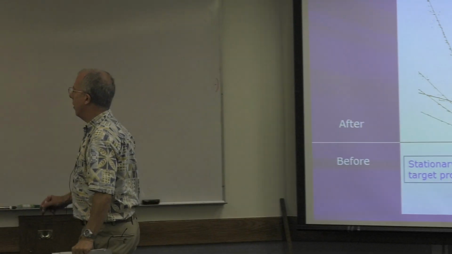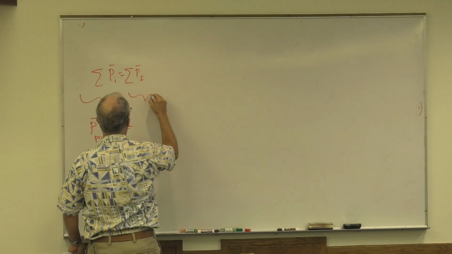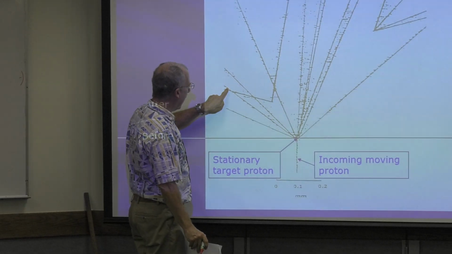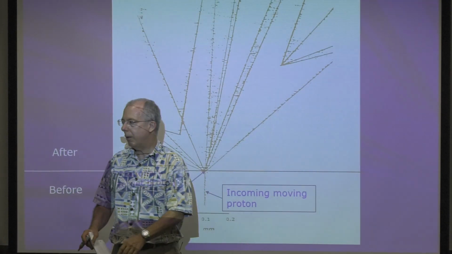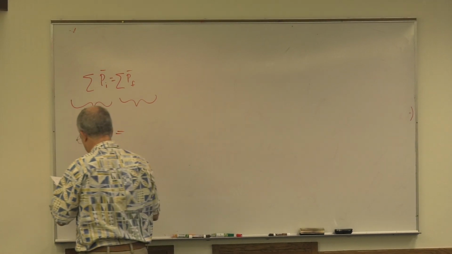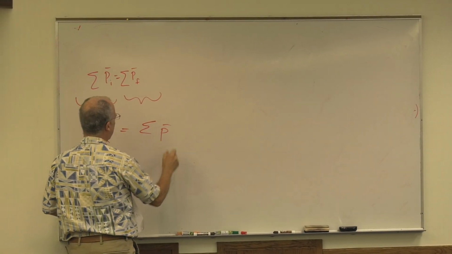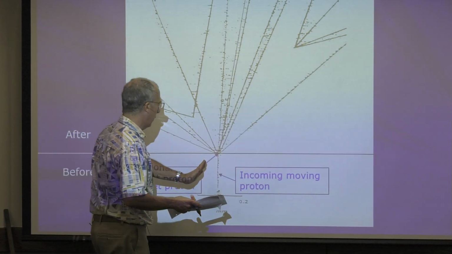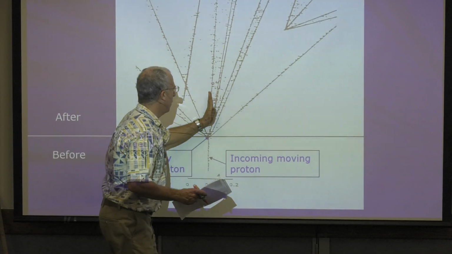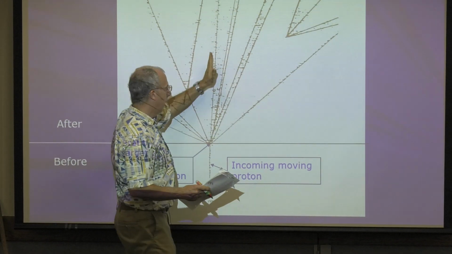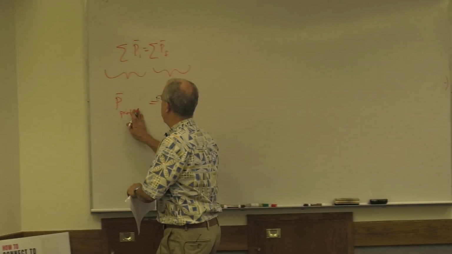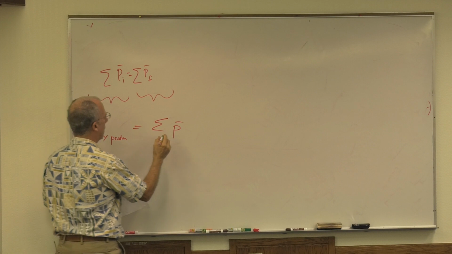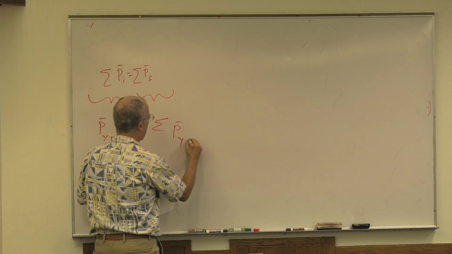Now what is the final momentum? It's the momentum of that guy, that guy, that guy, all of these. It's just the sum of the momenta. So if you're going to calculate this, let's say that this is the y direction, and so you'd say the y momentum of the proton equals the sum of the y momenta of all the other particles.